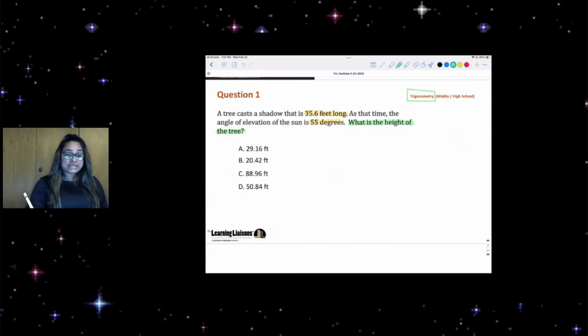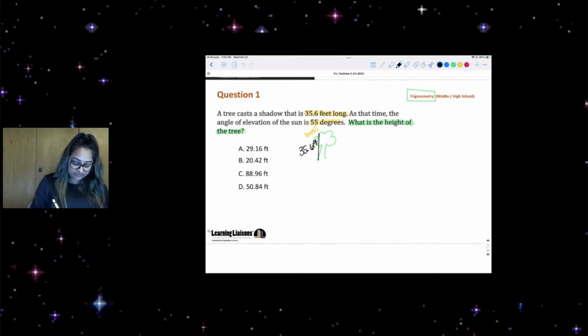Well, I always say it, and I'm a strong believer of it, draw it to see it, and then do the math behind it. So let's draw what we know. Here is my tree. Let's say that my sun is over here, right? So what is going on?